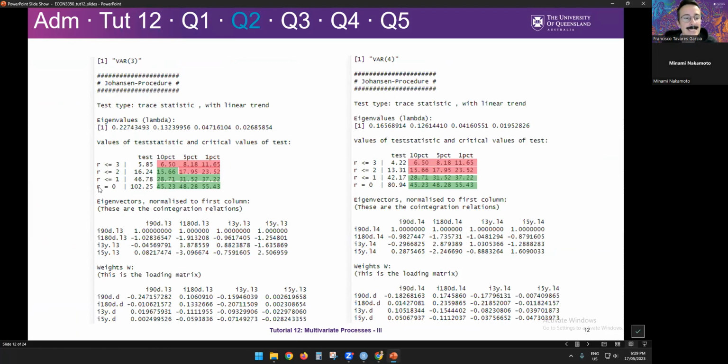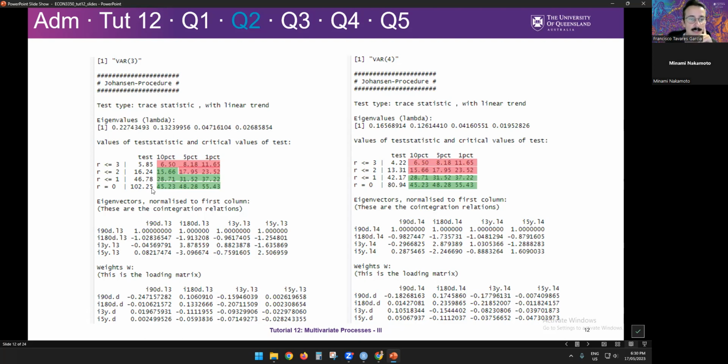So this is a test to say, is the number of restrictions equal to 0? Should we consider it equal to 0? The test returns a value. It's not a t-test, but think about the t-test or F-test. 102.5.